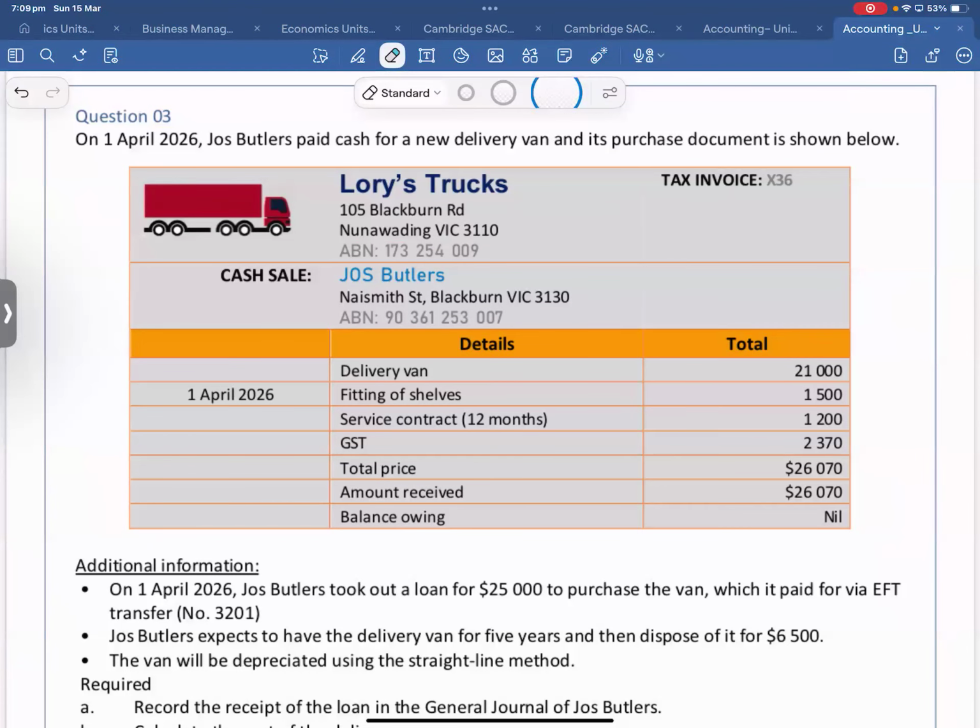Yeah, I need help with the other ones, the different ones. I need help from the first slide. I think this is a profit and loss from here. Yeah, service contract is one.